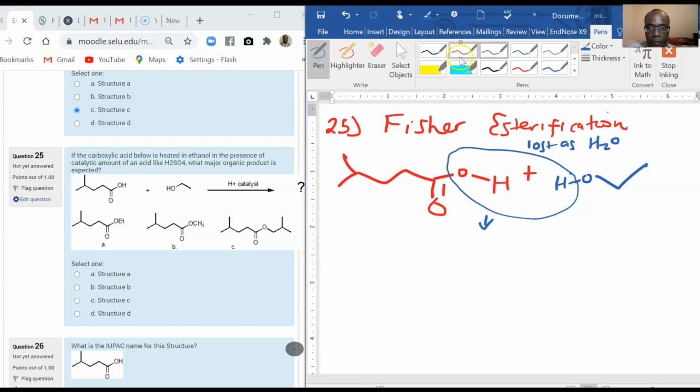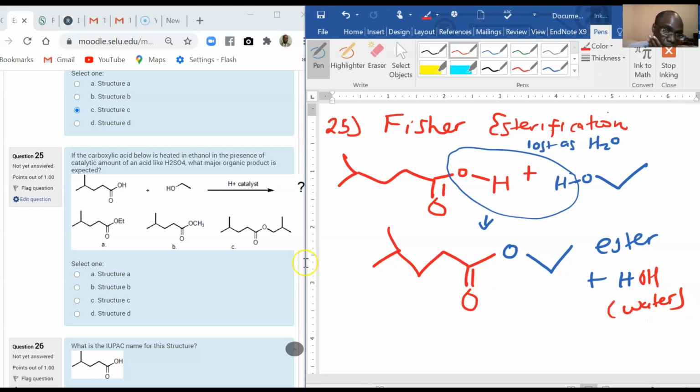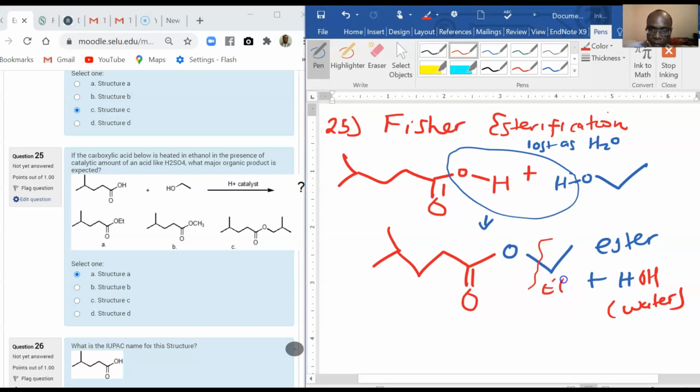Keep the rest of the structure, and you'll see how the product looks. The rest of the structure will be a hanging bond to the rest of the alcohol, and that's an ester. The byproduct will definitely be the hydrogen and the OH, which is just water. So the major organic product is going to be an ester, and the ester will be A, because OEt. This part here is the Et, it's an ethyl.